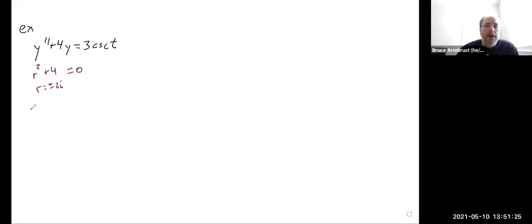But from that, we can get our solutions. Since they're complex, we're going to get e to the 0t times a cosine of 2t plus b sine of 2t. Should have called those C1 and C2.